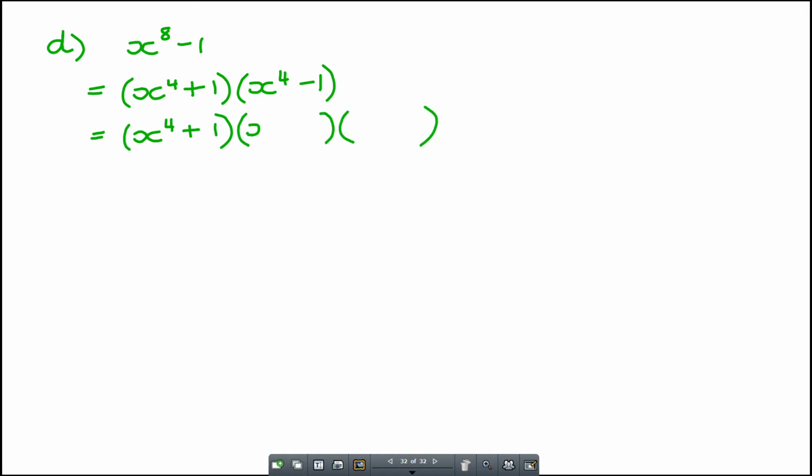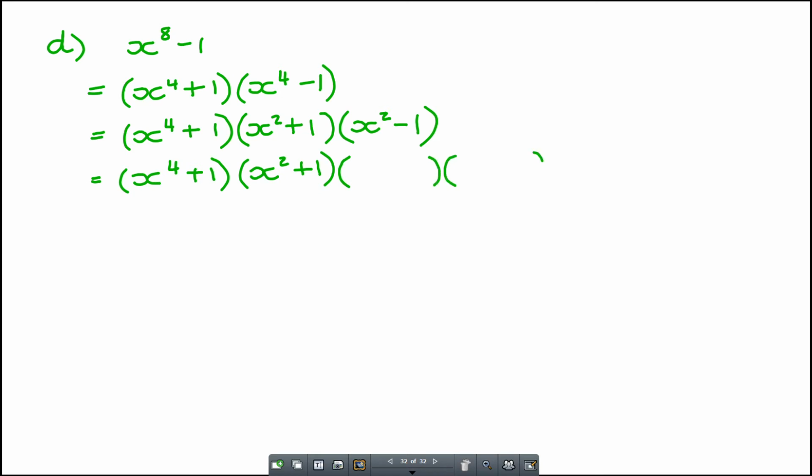So that would be x squared plus 1, x squared minus 1. Now this first bracket stays like it was. And the second bracket also can't go further because there was a plus. But the last bracket, that can be factorized further to say x plus 1, x minus 1.